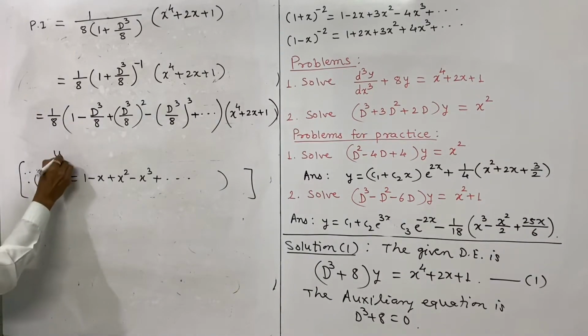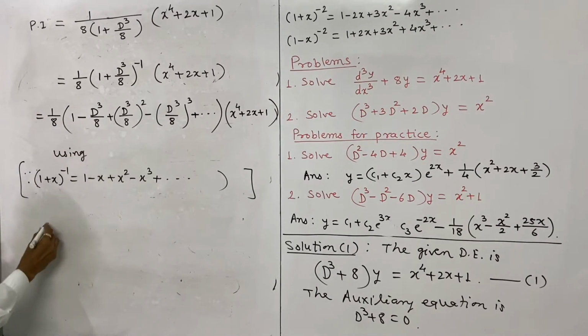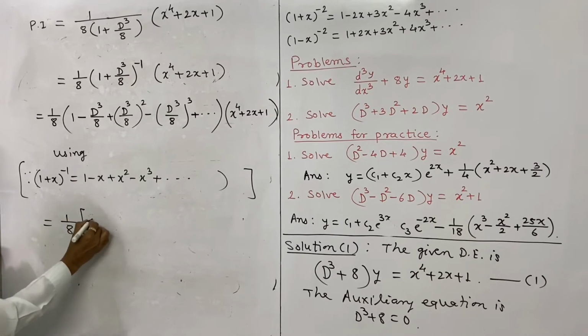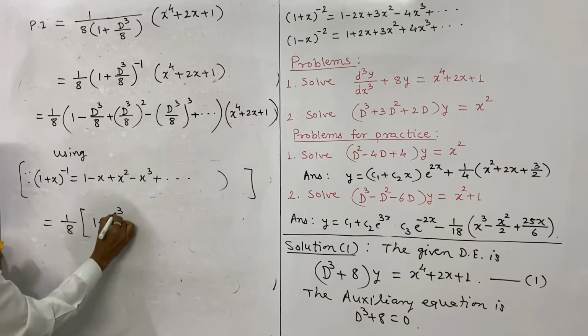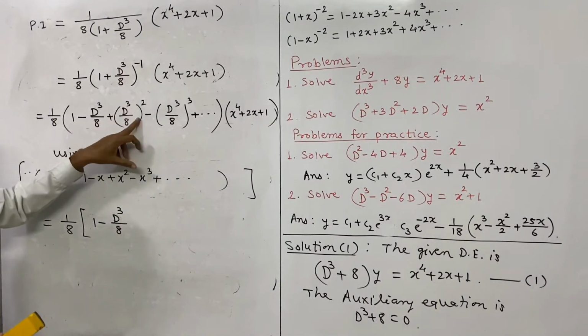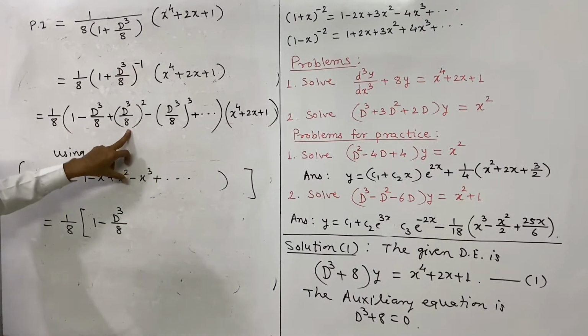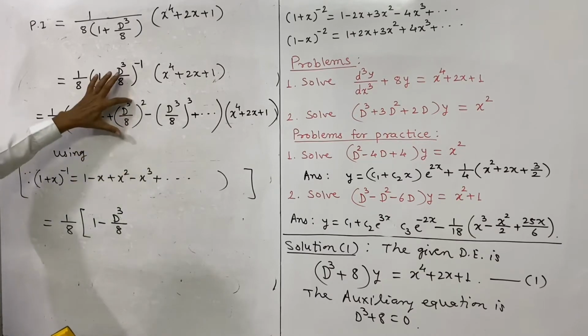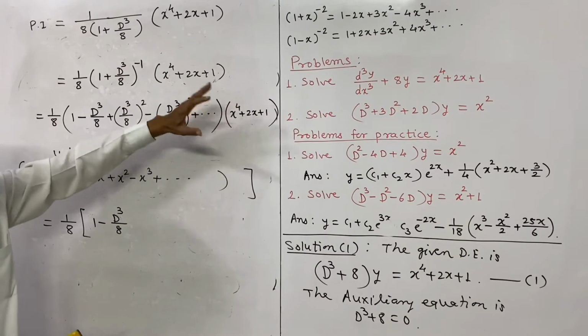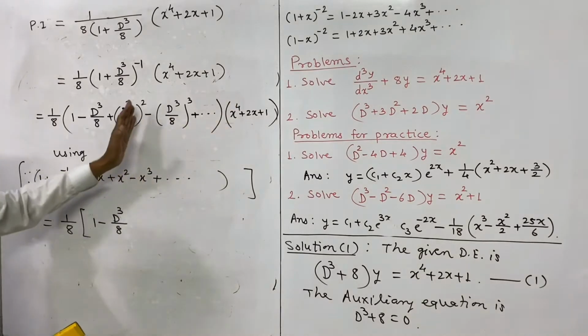So using this formula, further this is equal to 1 by 8 into bracket 1 minus d cube by 8, and the next power is d power 6 over 64, but d power 6 is greater than the maximum power 4. So therefore that will become certainly 0, and next are the higher powers.